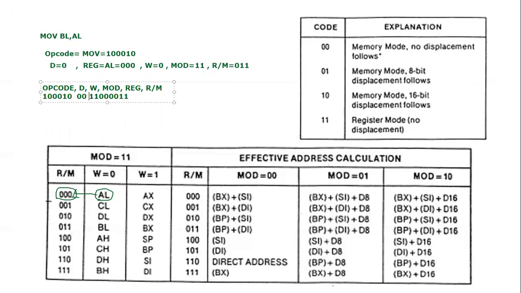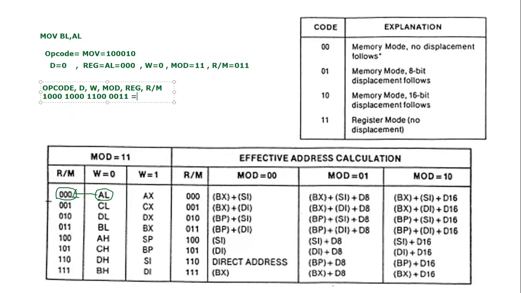Now this is binary information, and we want to put it in hexadecimal. We have already performed the assembly to machine code conversion, because it was an assembly language, and now we have converted it into binary, but we need to put it in 4-bit groups so that we can convert it into hexadecimal. So 1000, 1000, then 1100, and 0011.